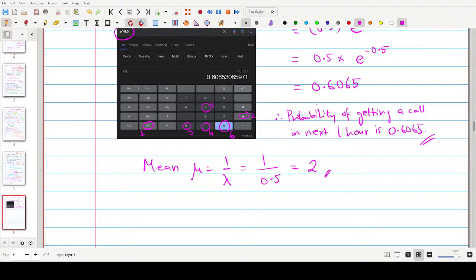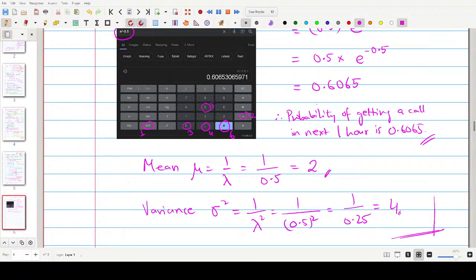And the variance, sigma square, is 1 by lambda square, that is 1 divided by 0.5 whole square. Now 0.5 whole square is 0.25, and 1 divided by 0.25 is 4. So we have obtained the mean and variance of the problem.